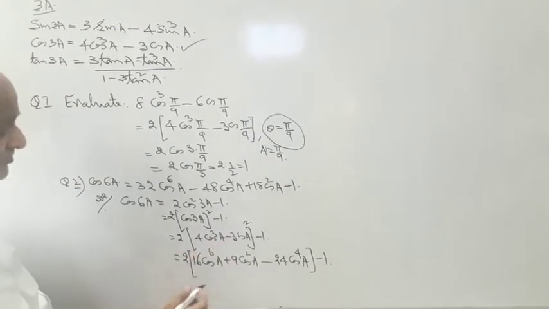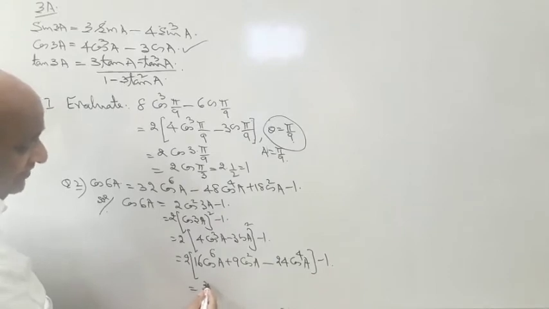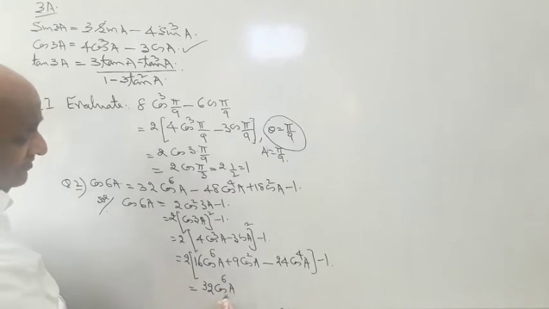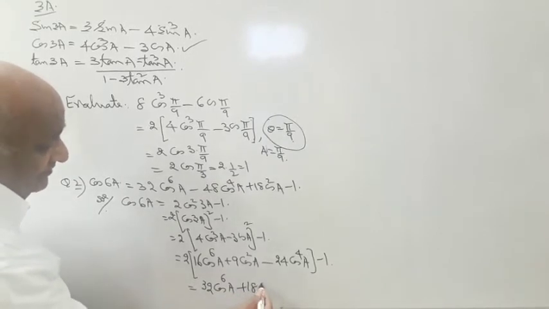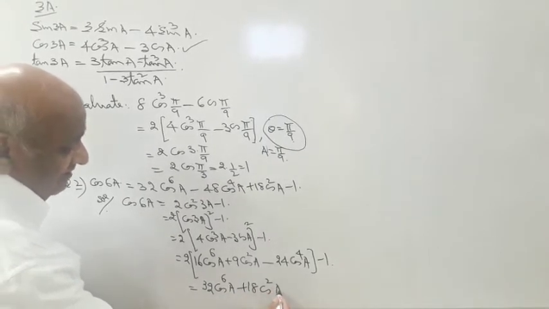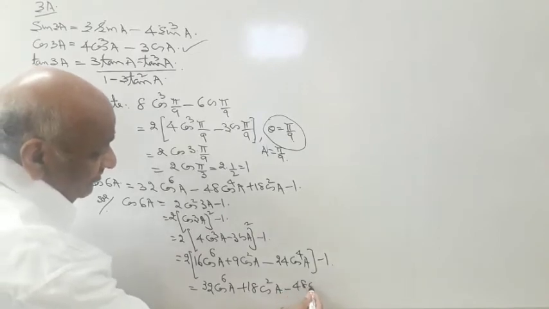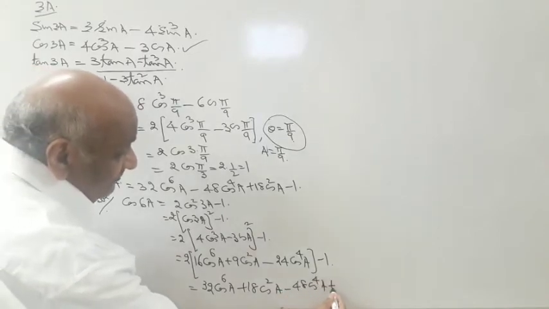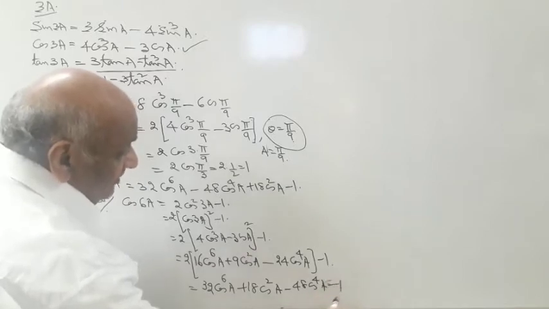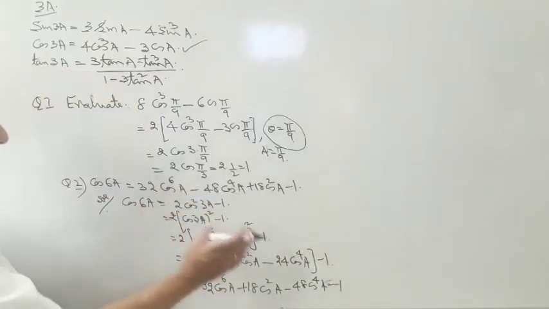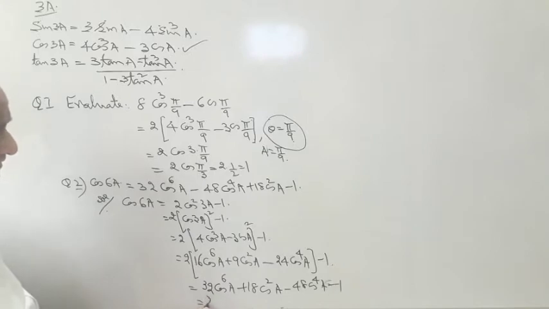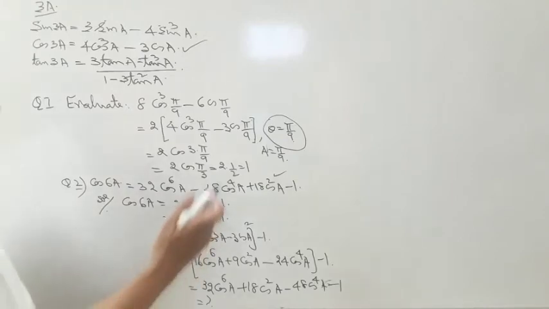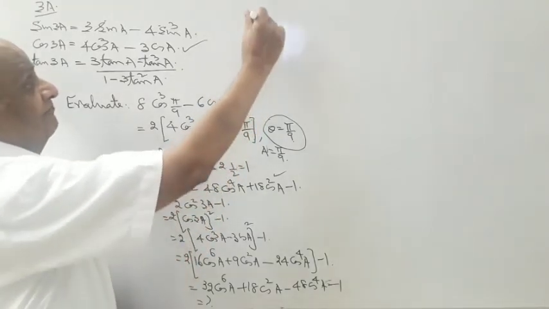Using a minus b the whole square, now open the brackets: 32 cos to the power 6 a plus 18 cos square a minus 48 cos to the power 4 a minus 1. So arrange in the descending power of cos, and you will get the required value as in the question. Now take up one or two applications of this result.